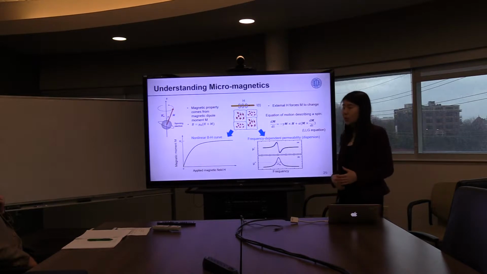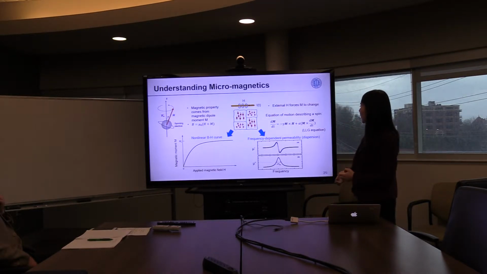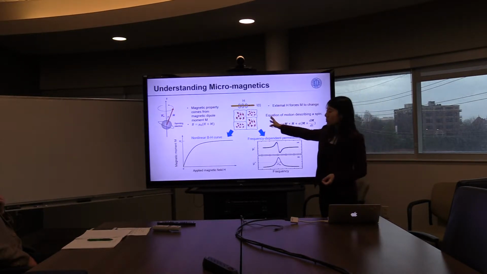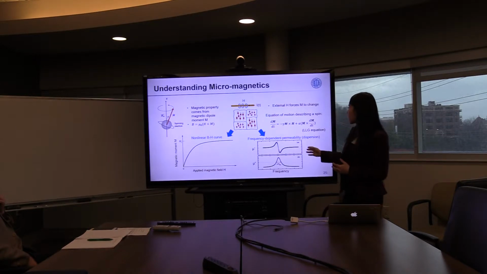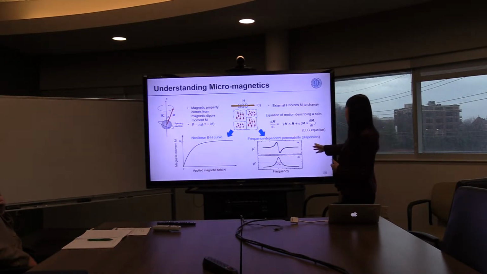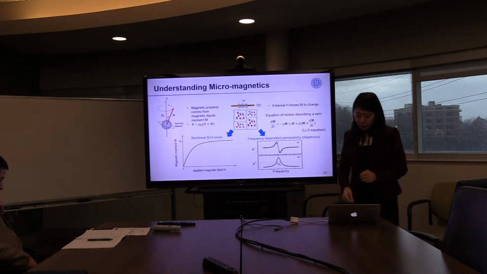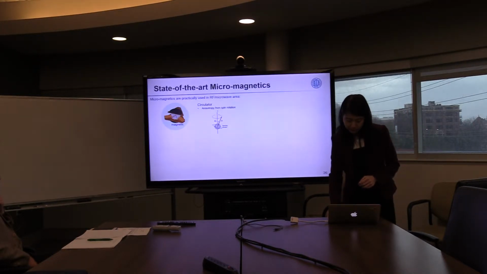So this confirms our bottom-up solution, that we can use some micro-domain behaviors to predict the nonlinearity and frequency-dependent performance.